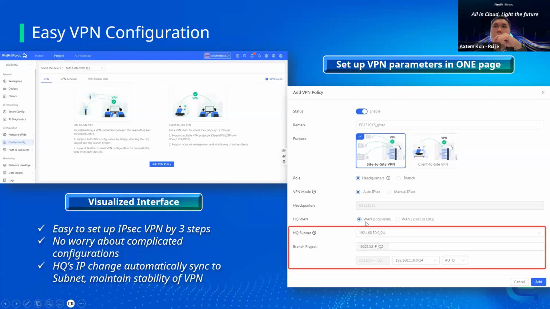The VPN will be built up by WAN 0 or WAN 1. In the latest update, the VPN is also able to fail over between WAN 0 and WAN 1. Let's say WAN 0 is down, the VPN will go through WAN 1 to build up the VPN tunnel. This is a new thing we are going to share with you.